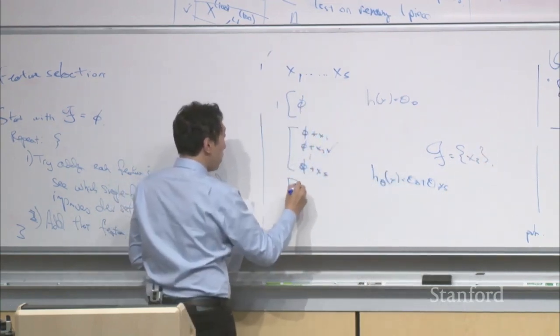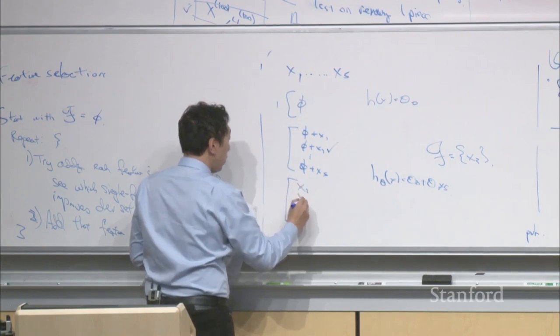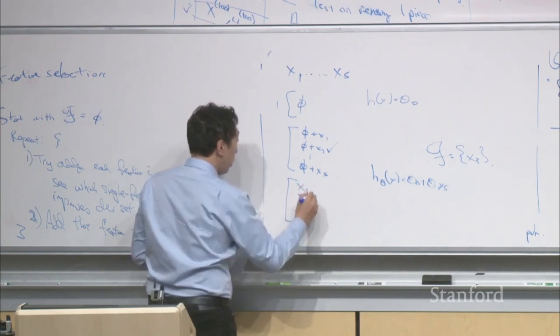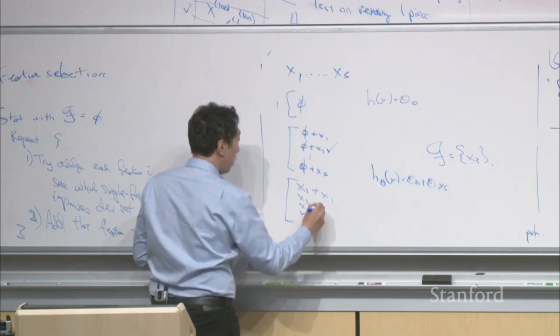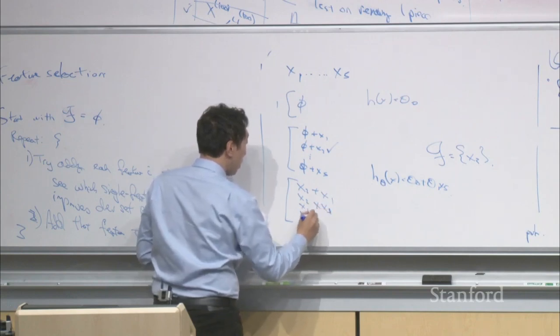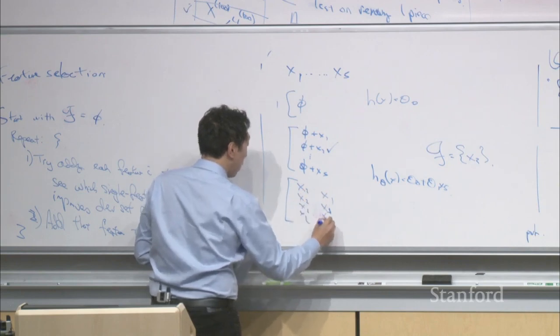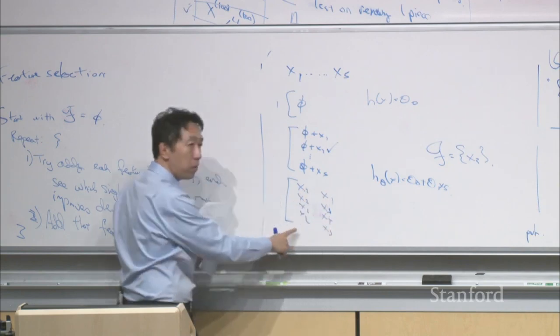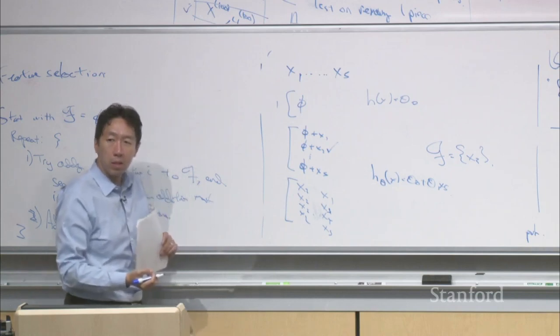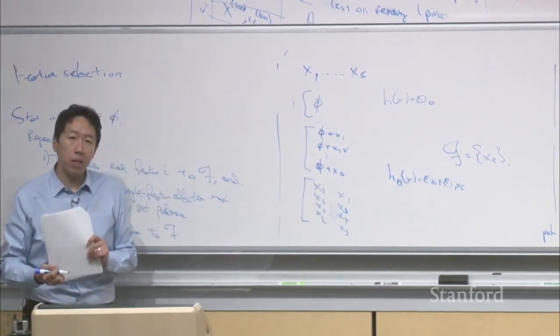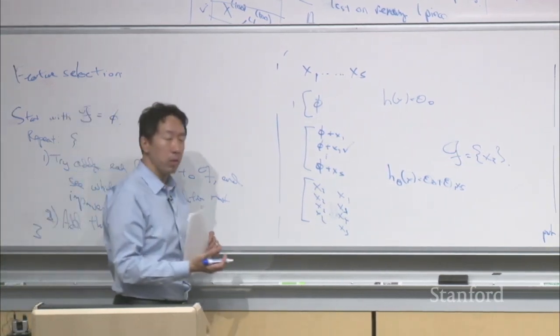For the next step, you would then consider starting with x2 and adding x1 or x3 or x4 or x5. So if your model is already using the feature x2, what's the other feature, what additional feature most helps your algorithm?